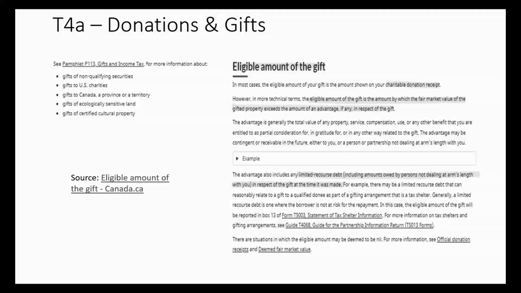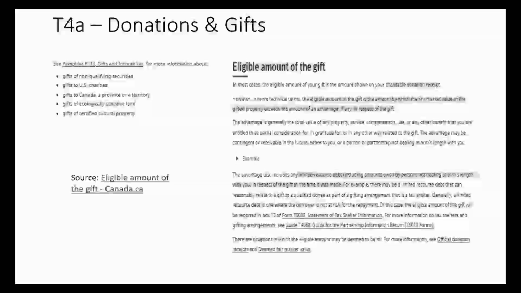This is the eligible amount. However, in more technical terms, the eligible amount of a gift is the amount by which the fair market value of the gifted property exceeds the amount of advantage. The advantage is generally the total value of any property, service, compensation, use, or any other benefit that you're entitled to as partial consideration, in gratitude for, or in any other way related to the gift.